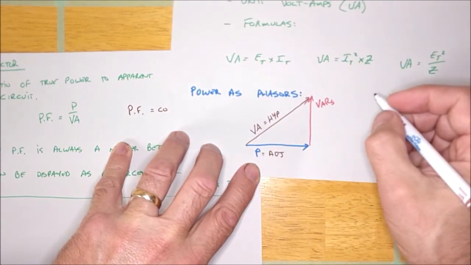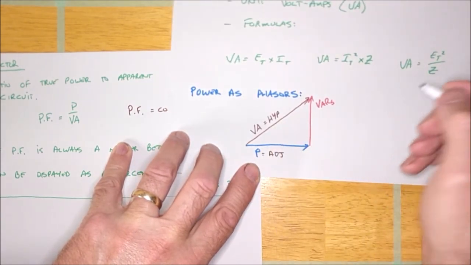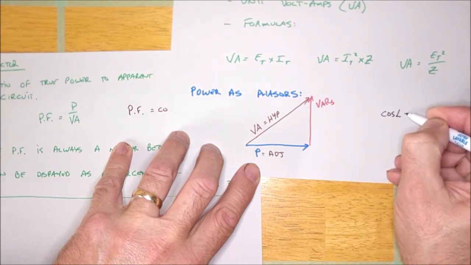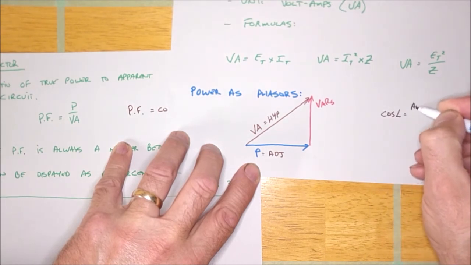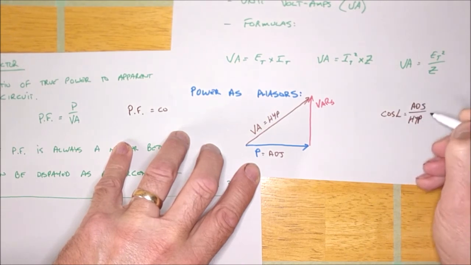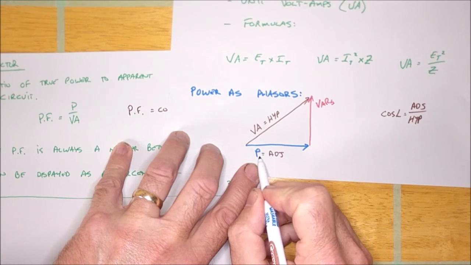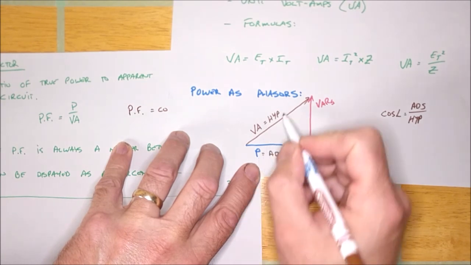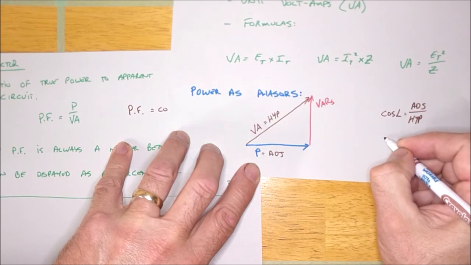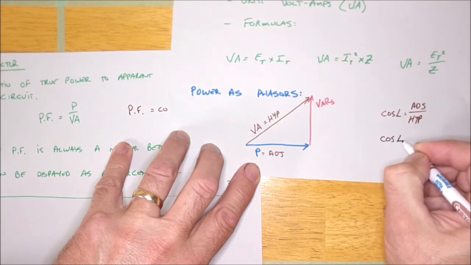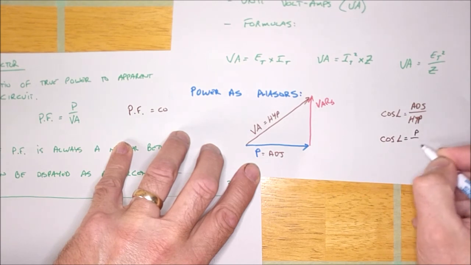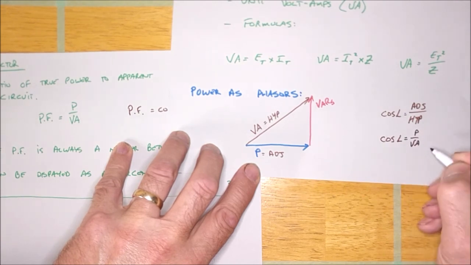And if you look at the cosine of the angle, it is equal to the adjacent over the hypotenuse. Since the adjacent is always the true power and the hypotenuse is always the VA, it is possible to say that the cosine of the angle is equal to the true power over the VA.